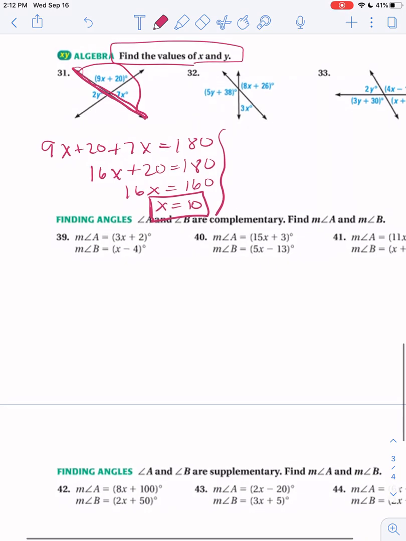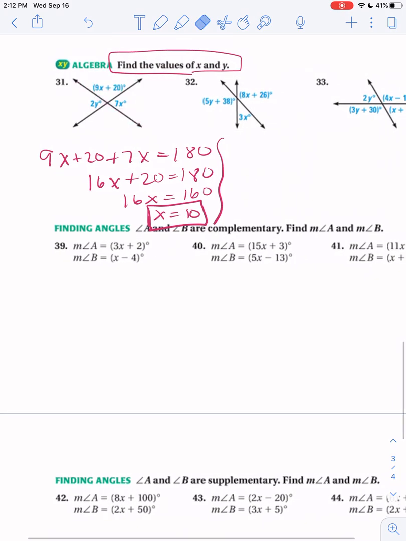To find the value of y, we have a couple choices. We can use this linear pair here. Now that we know what x is, we could substitute the x 10 in for x, find out what that angle is, and subtract it from 180. A little bit easier way, in my opinion, would be to use the vertical angles. You could see we have vertical angles here. And vertical angles are congruent.